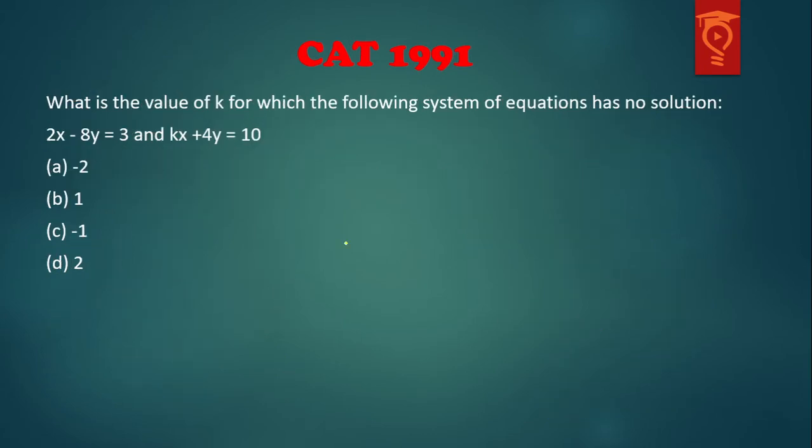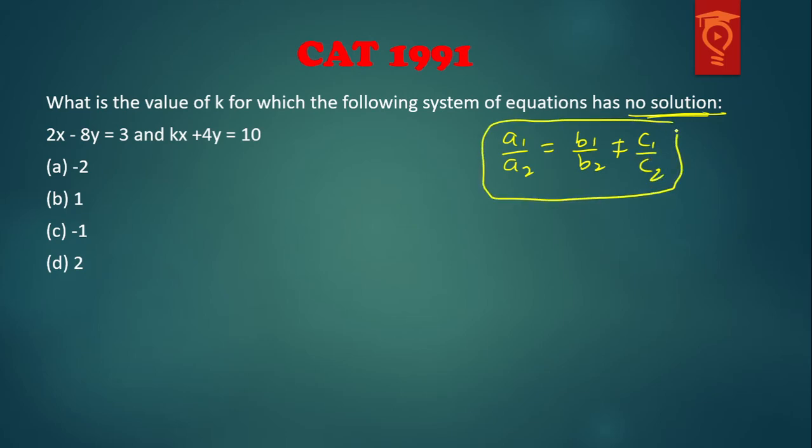Easy questions now. No solution means inconsistency, and inconsistency is when A1 by A2 is equal to B1 by B2 but not equal to C1 by C2. A small note here: people who don't understand what I just wrote in this box may please refer to our basic theory video of simple equations on the YouTube channel Percentilers.